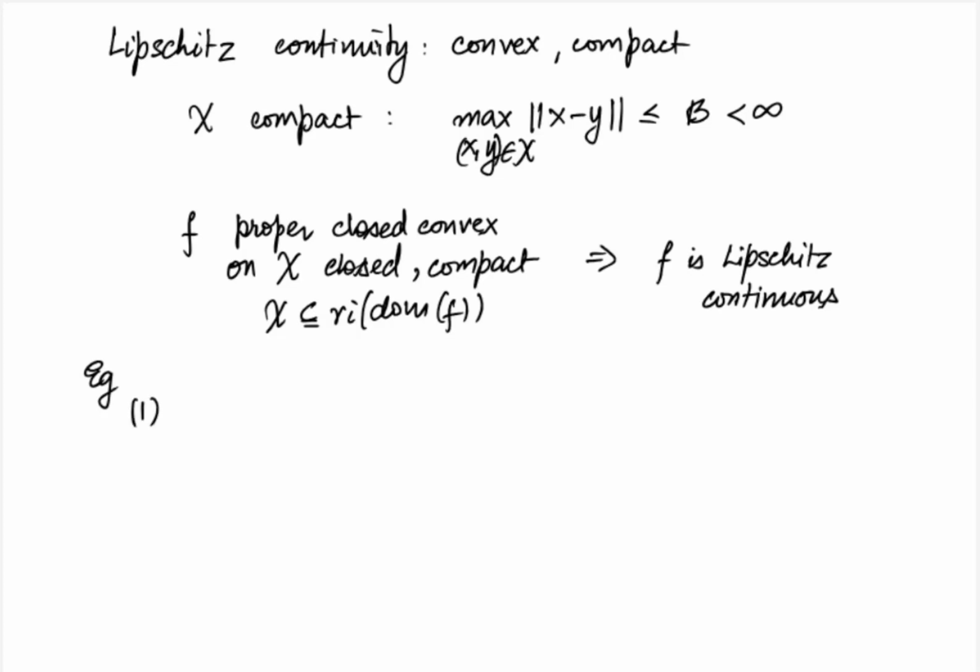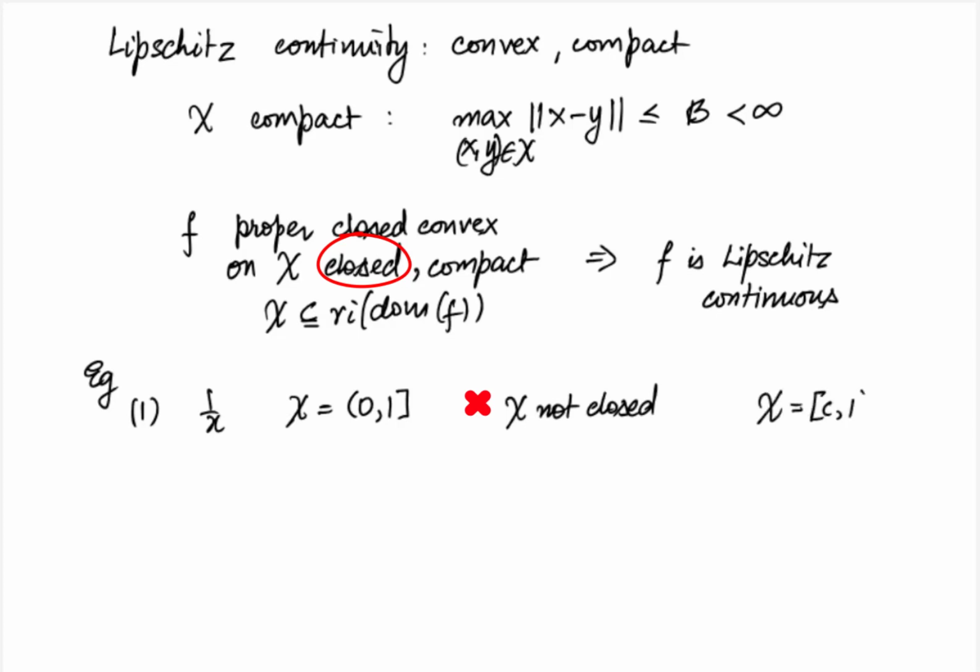Consider the function 1 over x defined over the open interval (0, 1]. While the function is proper closed, we are working with an open set. Hence, 1 over x is not Lipschitz continuous over this set. However, if we meet our requirements by setting X equal to [c, 1] for c greater than 0, then the function becomes Lipschitz continuous.